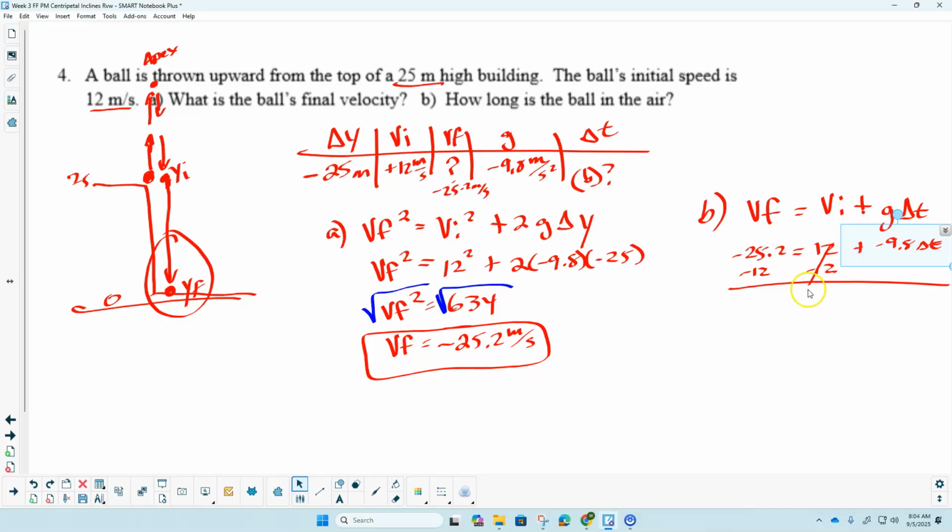This is where it would become evident, like if you had it wrong, you would get a time that doesn't make sense, right? So anyway, you get -37.2 equals -9.8 delta T. Divide through by -9.8. When you do that, you'll get the time is equal to 3.8 seconds.